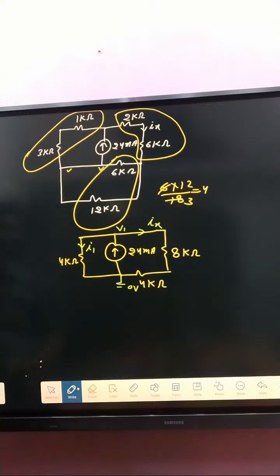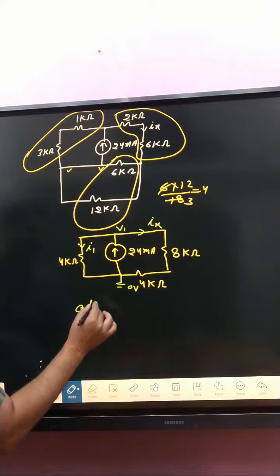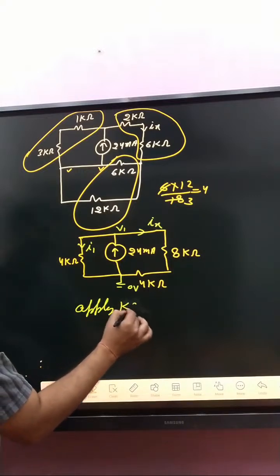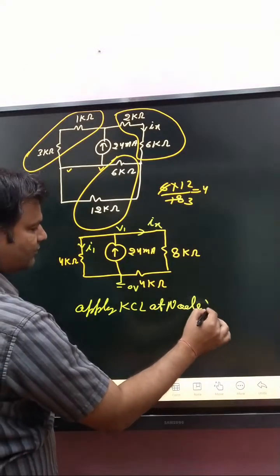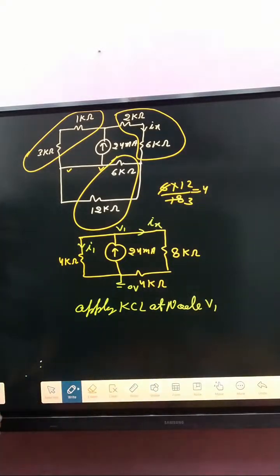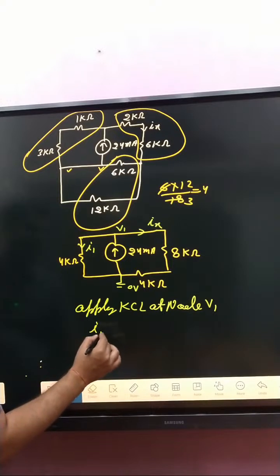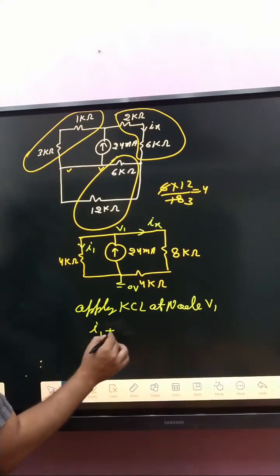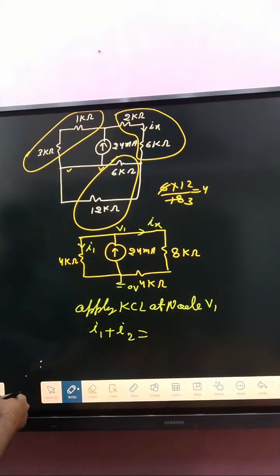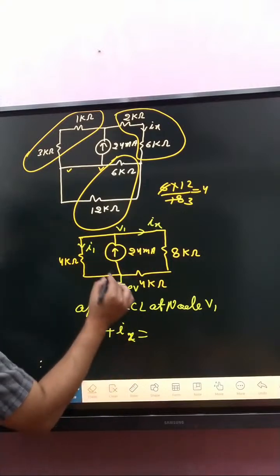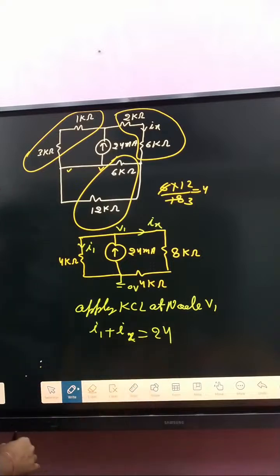Okay, now after that, apply KCL at node V1. So outgoing current I1 plus Ix will equal 24 milliampere.